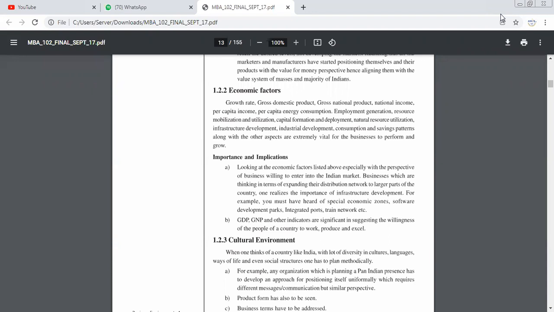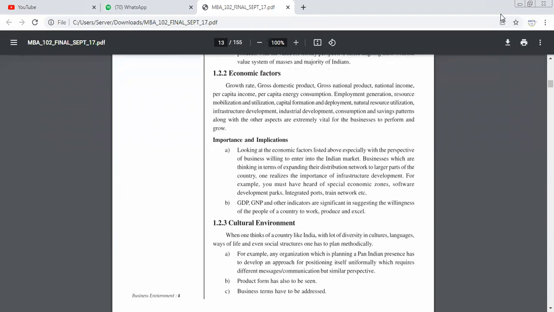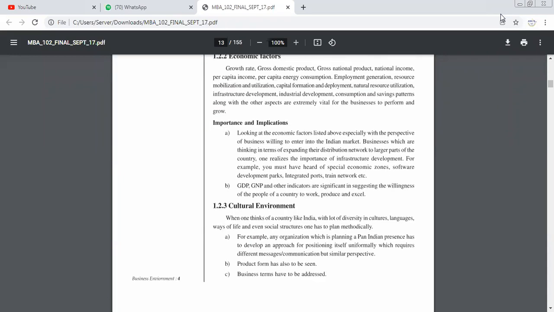And lots of people from UP, Bihar, the North Indian, South Indian people, are also coming to Maharashtra to settle down, because in Maharashtra they are getting employment opportunities. Due to which they also want to improve their standard of living.